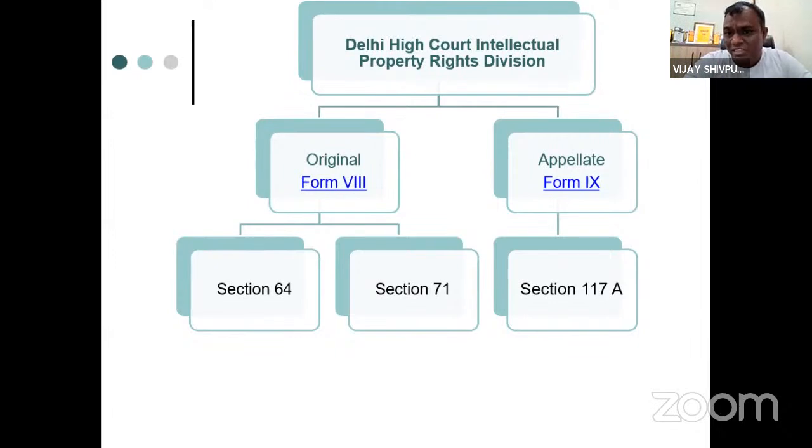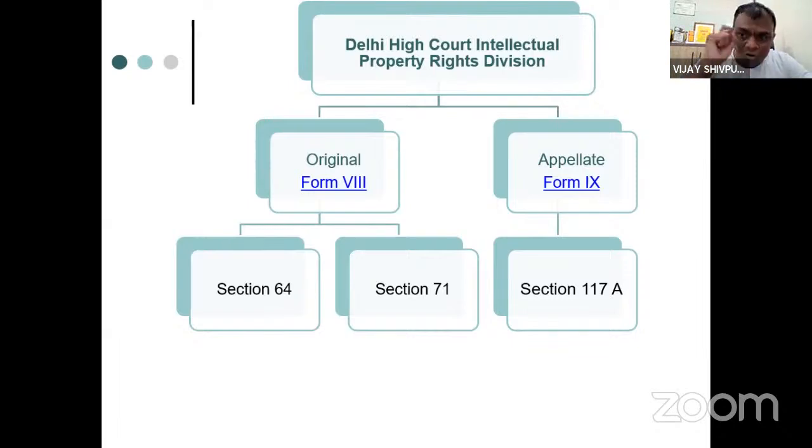Beyond that, section 117A is about the appellate authority, which was IPAB under the Patent Act as of now, but this would be covered under Form 9 at the Delhi High Court Intellectual Property Rights Division.